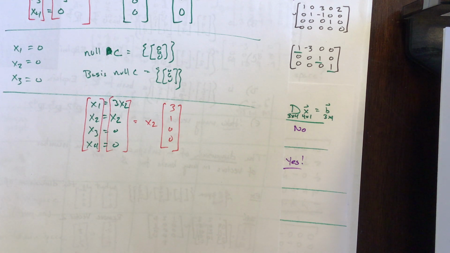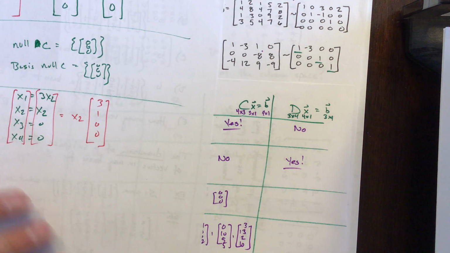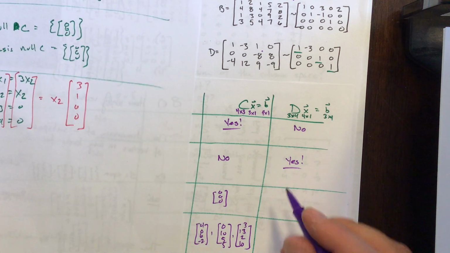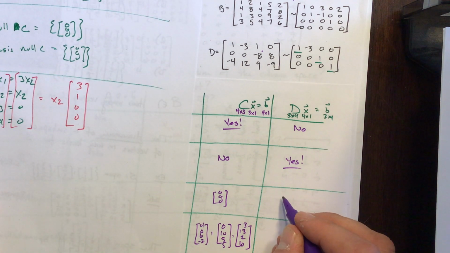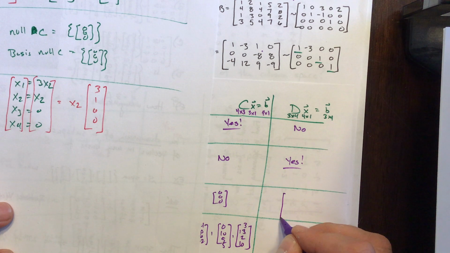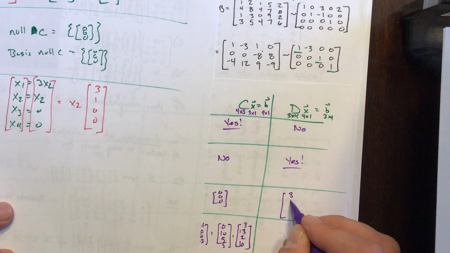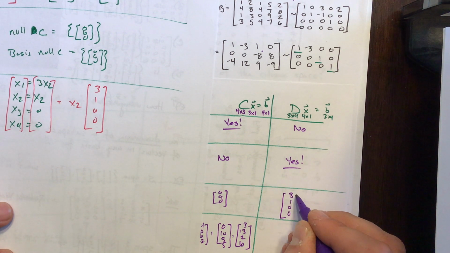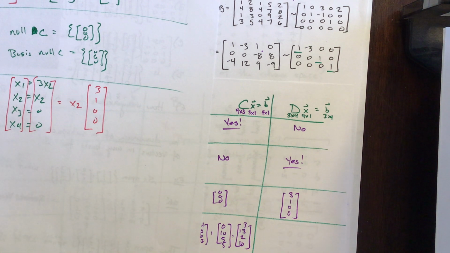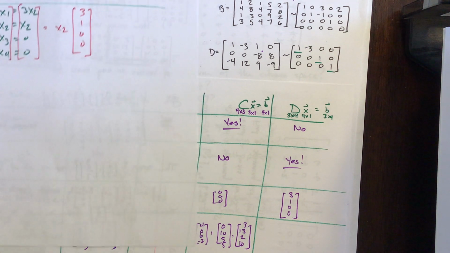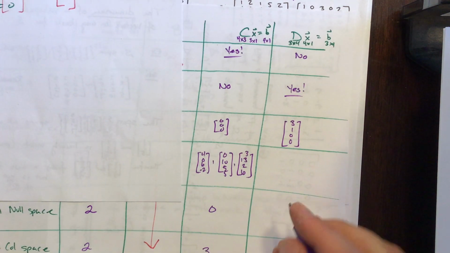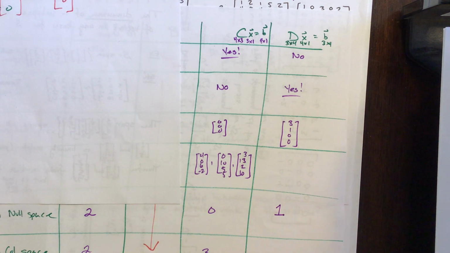So we have the basis for the null space. The null space of matrix D is all linear combinations, which amounts to scalar multiples of the vector 3, 1, 0, 0. And the dimension of our null space is 1.